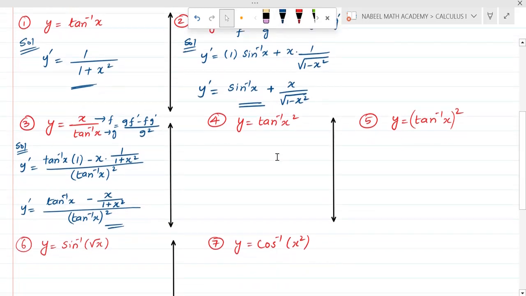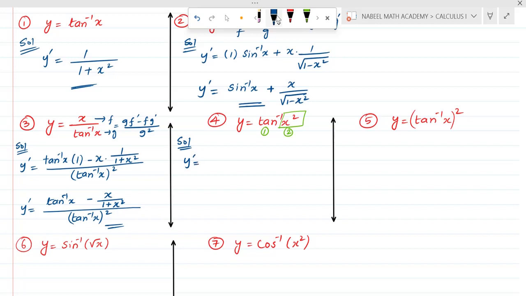Now the next one is a function of a function, a composition, so we will apply the chain rule. First differentiate tan inverse, then after that x square. So y prime is equal to the differentiation of tan inverse. If it is x, we use the definition with x, but here your value is x square.